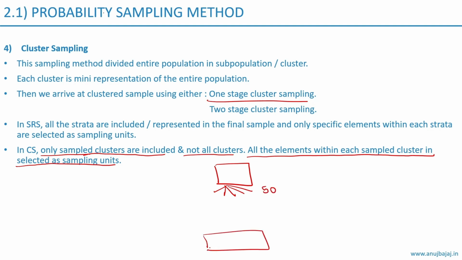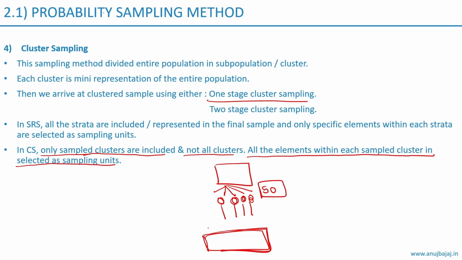The final sample comprises only a few clusters. So say within 50 clusters, we randomly select 10 clusters. So in the final sample, we have only a few clusters from the total clusters that we created, and all the members of each selected cluster form part of the sample.